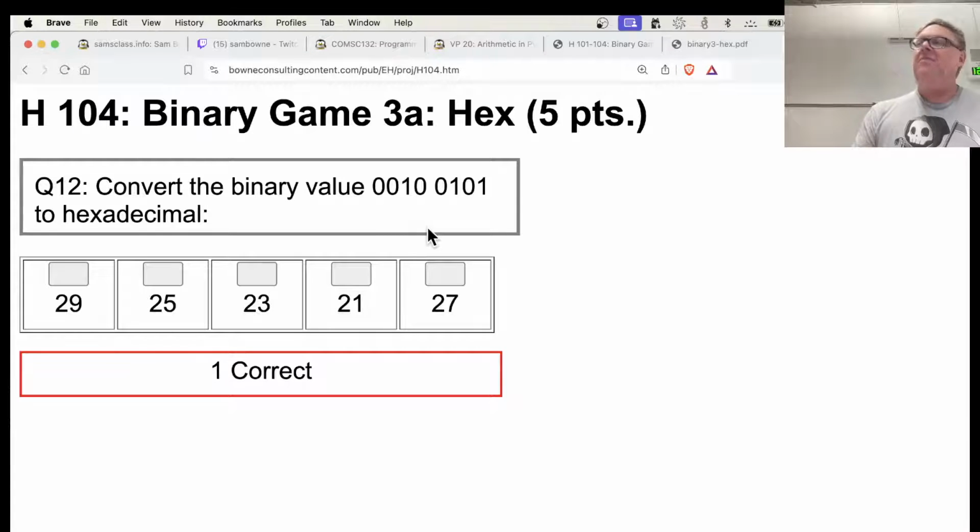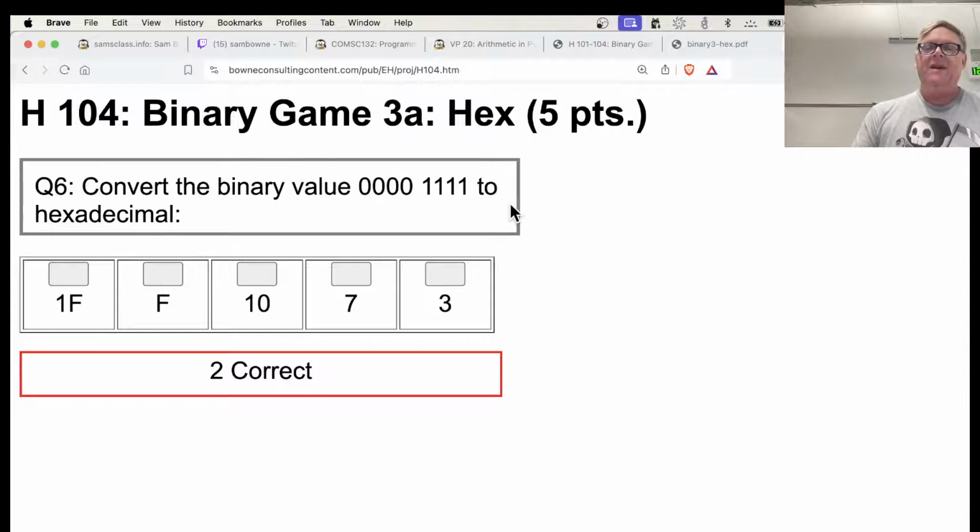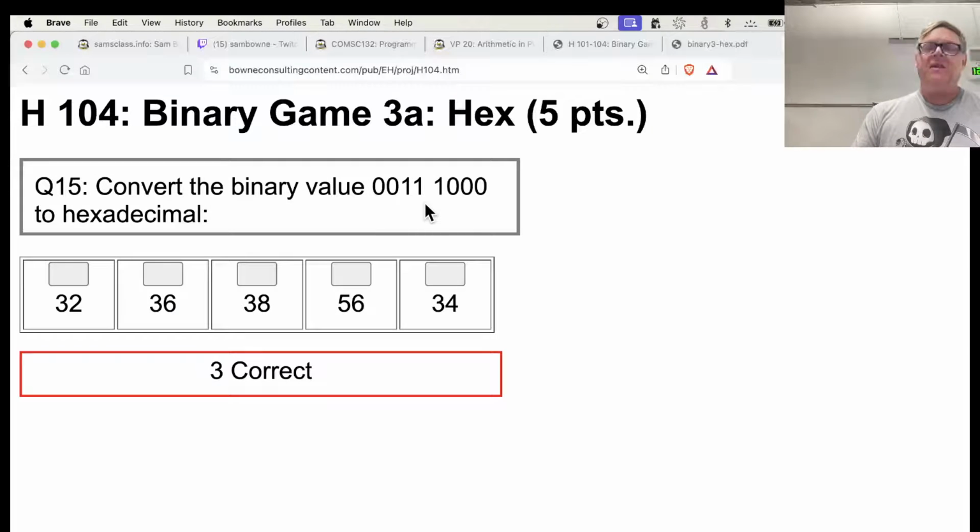How about that one? 25. Yep. And that one? 0F, right? And that one? 38, right? This is 3 and that's 8. That's all there is to it.